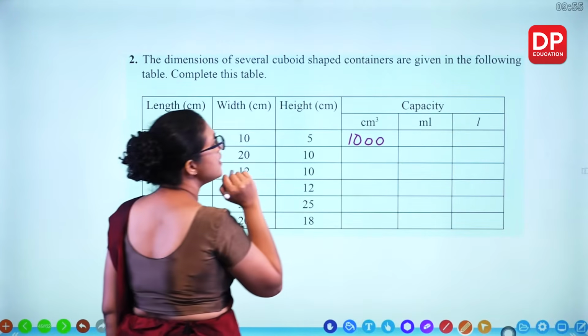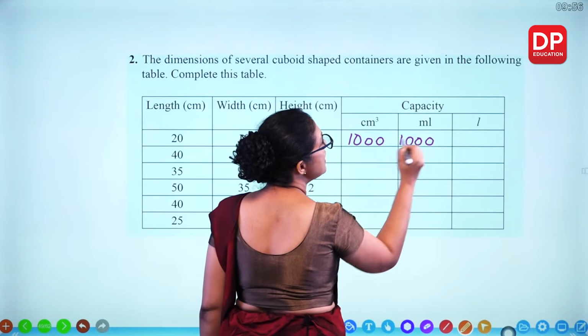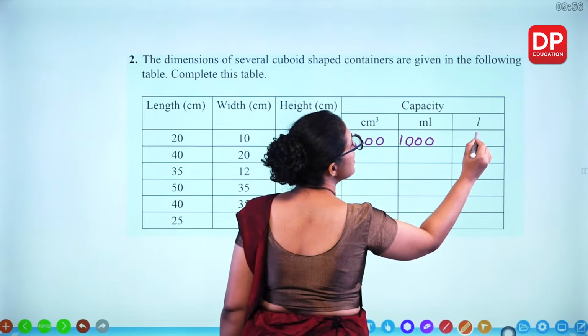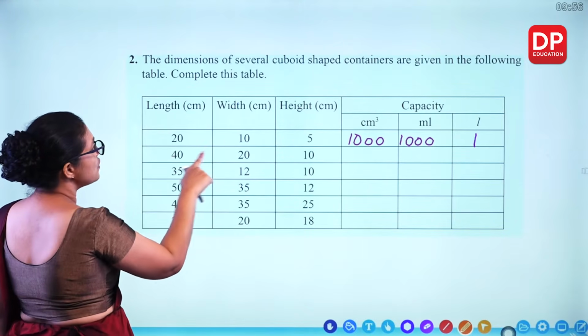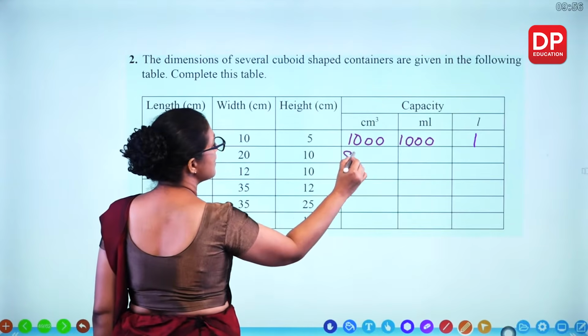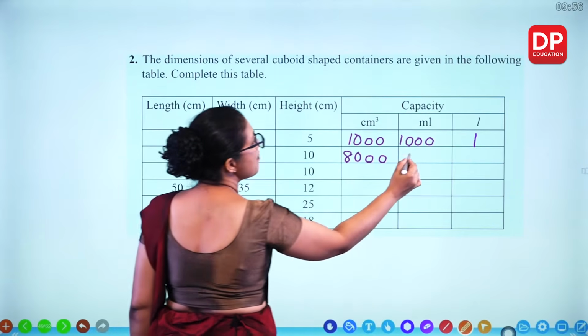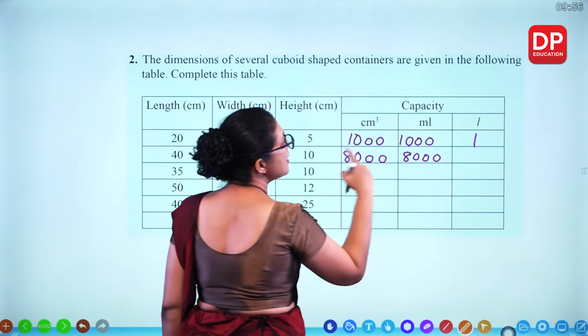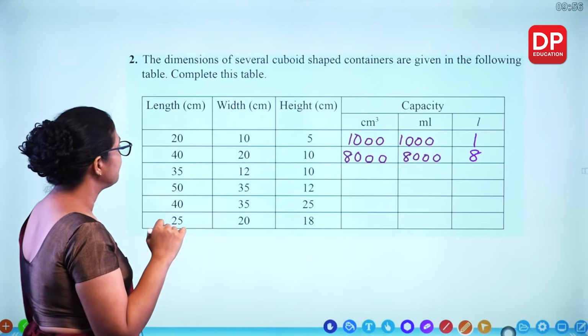So 1000 cubic centimeters. Same as 1000 milliliters. Divide by 1000, that's 1 liter. 4 times 2, 8. 1, 2, 3. 3 zeros. Same as milliliters. And divide by 1000, you get 8 liters.